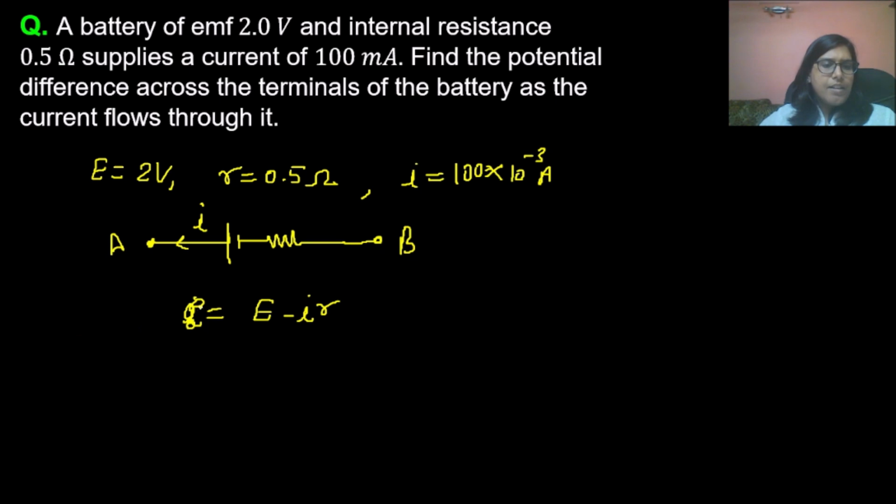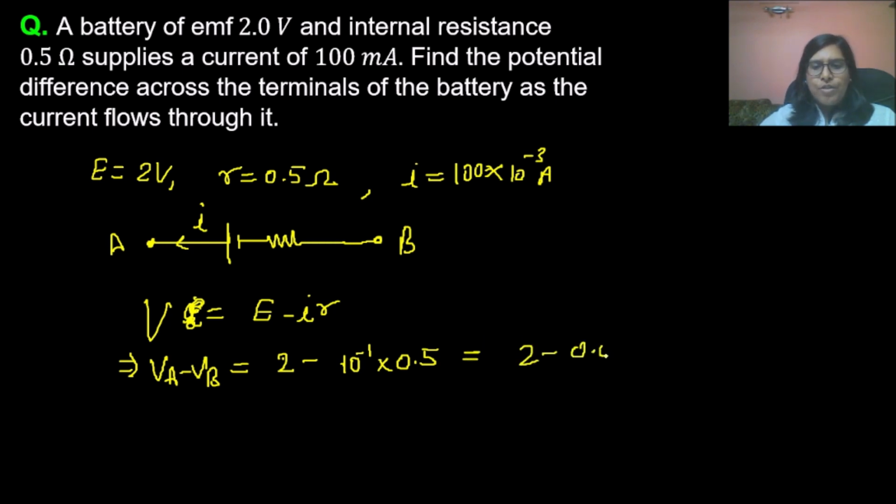So we can write V equals E minus Ir. V is the potential difference, so this is VA minus VB. This will be E minus Ir. E is given 2 volt minus I is given 10 raised to power minus 1 or 0.1 into r is 0.5. So you can calculate this is 2 minus 0.05, that means 0.95 volt.